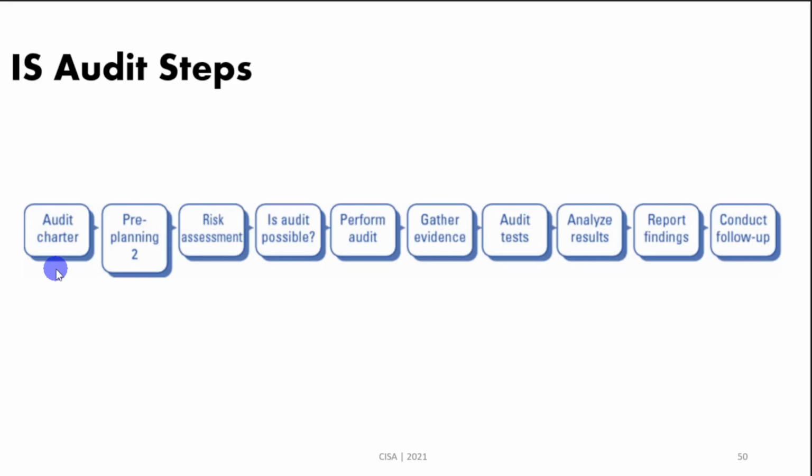Any department, any team, any role or any function in your organization should have a clear responsibility. What the audit charter does is define the responsibility and authority of the audit department inside your organization. So the first step in building an audit in your organization is the audit charter. And I believe we discussed what the audit charter means in great detail.